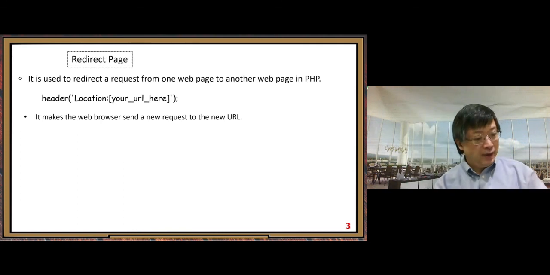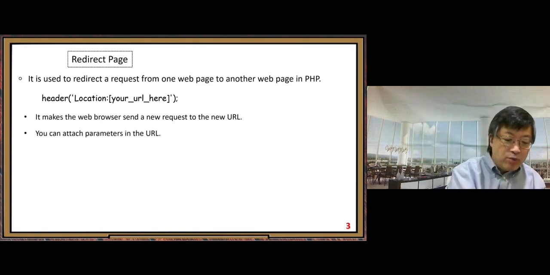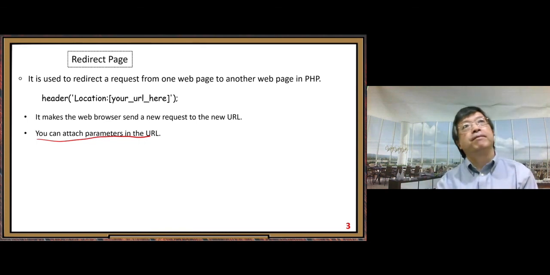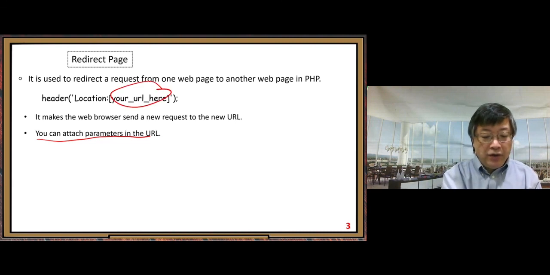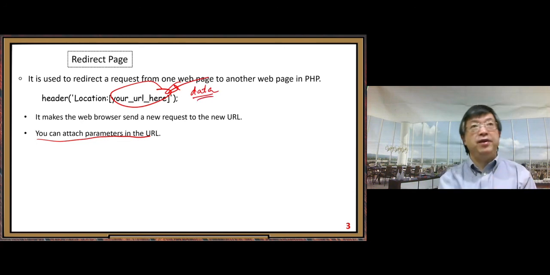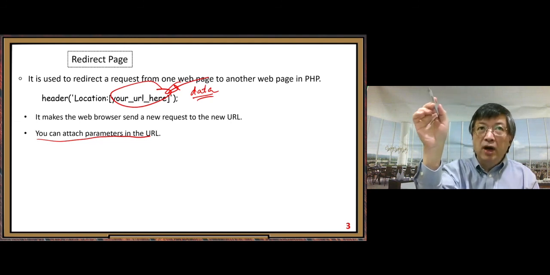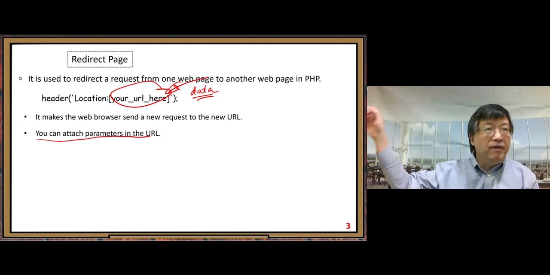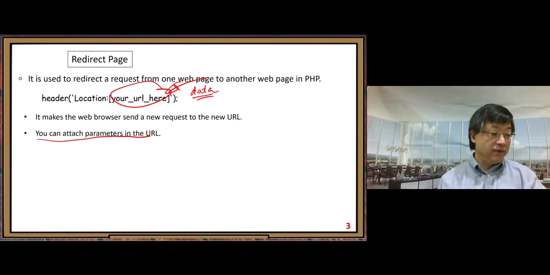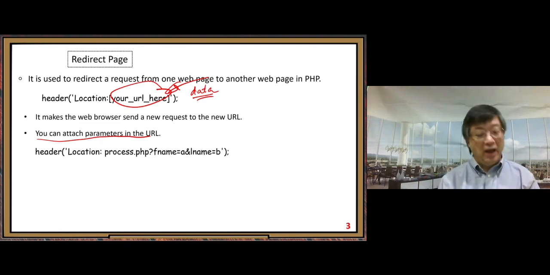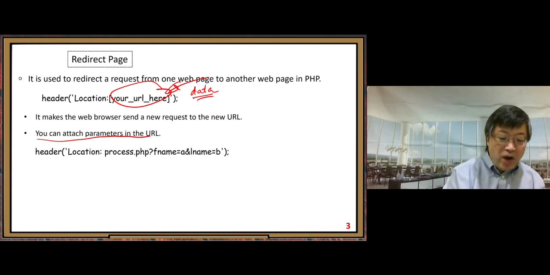And you can attach parameters in the URL, because when you put your URL, you're allowed to put some data there. So you make your user's web browser visit a page, let's say a special PHP file, using those parameter values. Now let me show you one example. Location colon process.php.